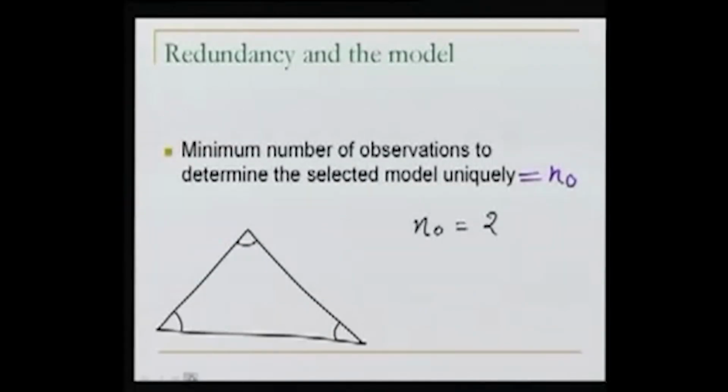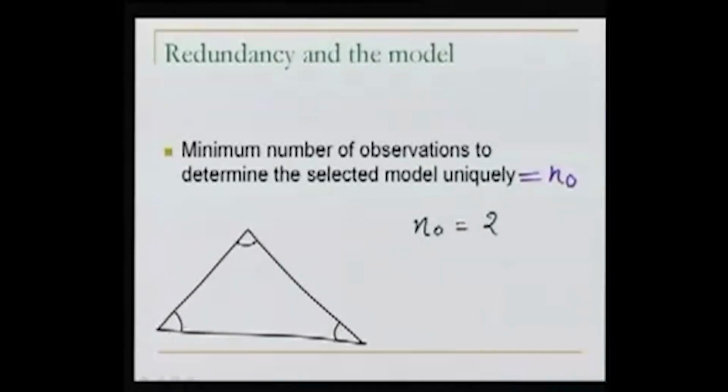Now, because our aim is that the model will help us later on to adjust our observations. Further, in any model, we should have some redundancy that we have also seen. For example, here, in this triangle, the desired is to determine the shape of the triangle.